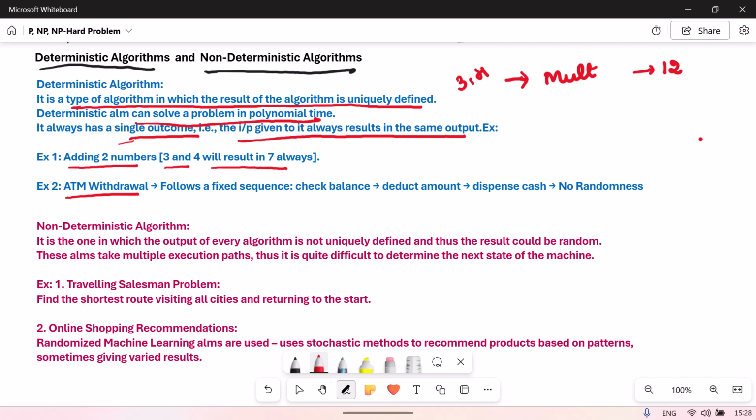It always follows a fixed sequence: you check the balance, then deduct the amount, then dispense the cash, and there is no randomness. You enter the amount to be withdrawn, it checks whether the balance is there, and if so, it deducts the amount and gives you the cash. No matter how many times you use the ATM card, it gives the same result. Those kinds of algorithms are called deterministic algorithms.